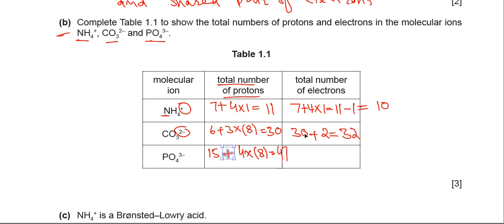Now to find the electrons, we do the same operation, as protons and electrons are the same, but we can see 3 negative charges, meaning there are 3 more electrons, so I'm going to add 3 more, so the total number of electrons will be 50 in this situation.